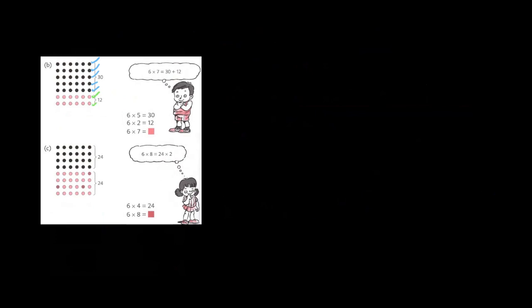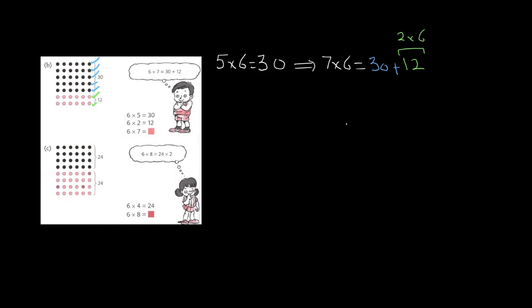Please note again that if 5 sixes are equal to 30, then 7 sixes would just be equal to the old 30 plus 12, because there are 2 sixes downstairs and 2 sixes are 12. And 30 plus 12 is equal to 42.